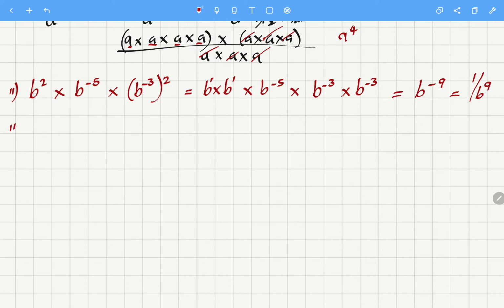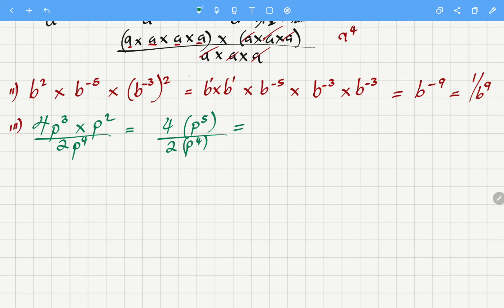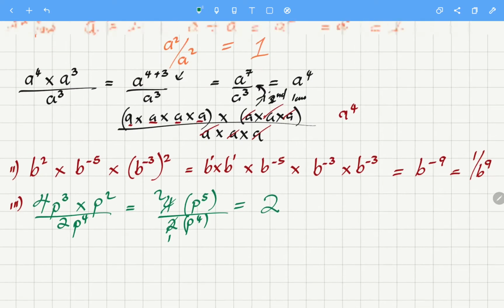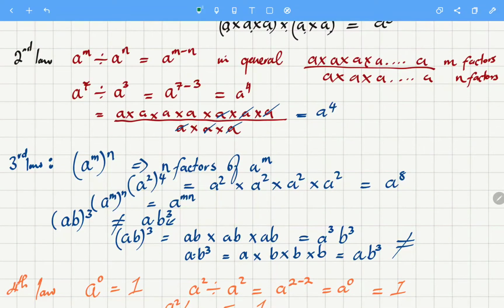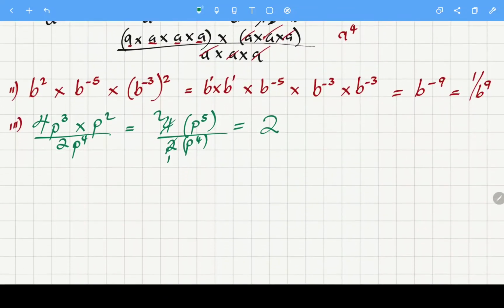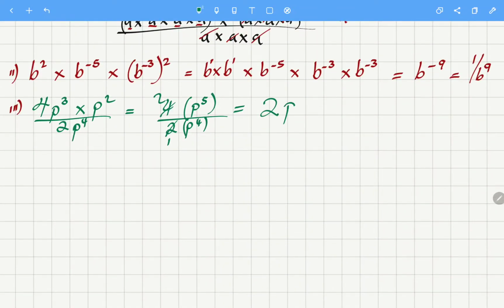And then the third example: 4 times p to the power 3 times p squared, divided by 2 times p to the power 4. So that's 4 times p to the power 5, over 2 times p to the power 4. Cancelling out, 2 into 2 goes 1, into 4 it goes 2 times, so that's 2 there. And then using the second law of division, 5 minus 4 is 1, so that's p.